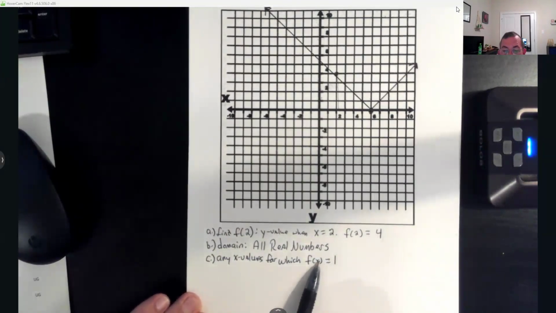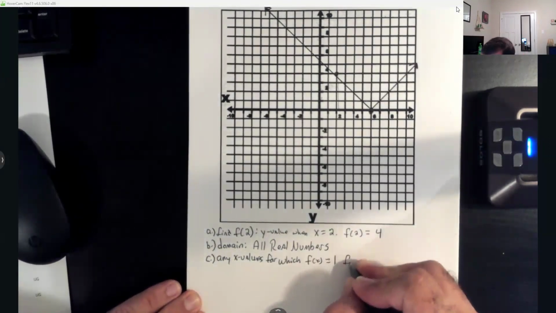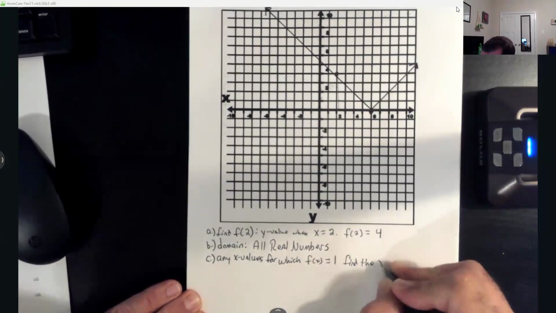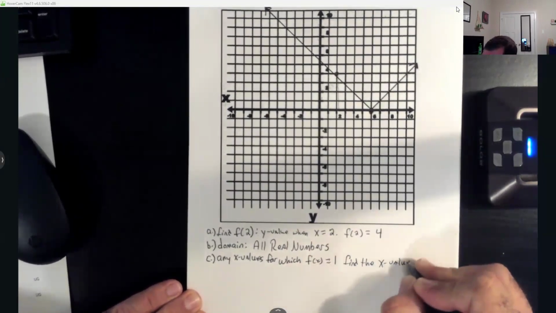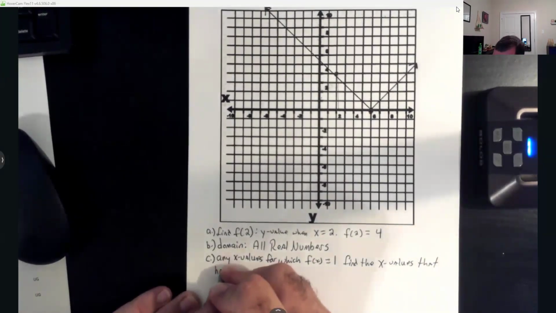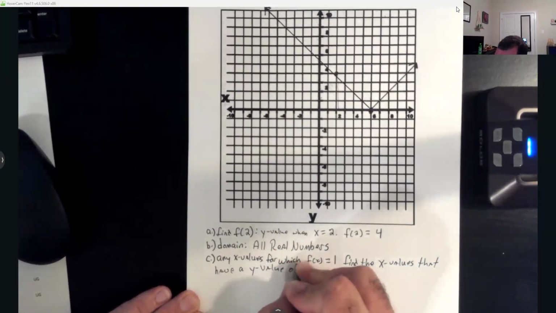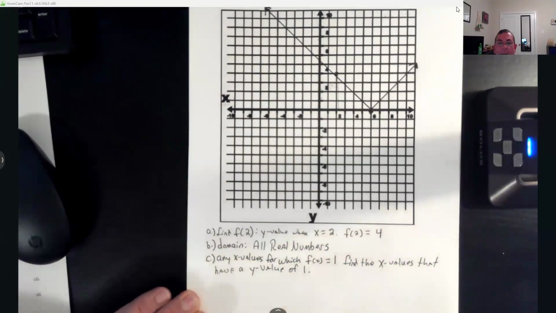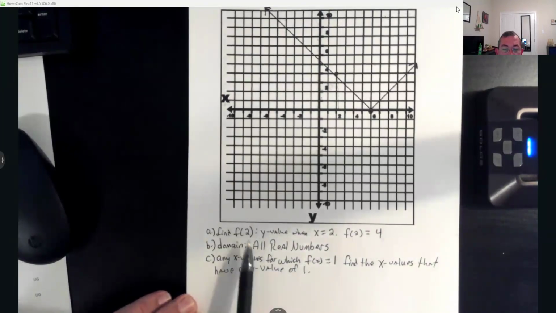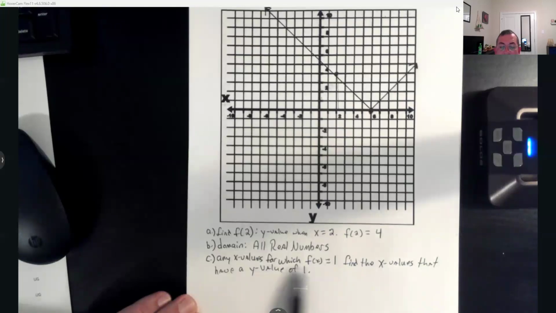We're looking for the x values that have a y value of 1. Okay, so once again, the opposite of A. In A, they gave you the x, you found the y. For C, they're giving me the y value, we're finding the x's.